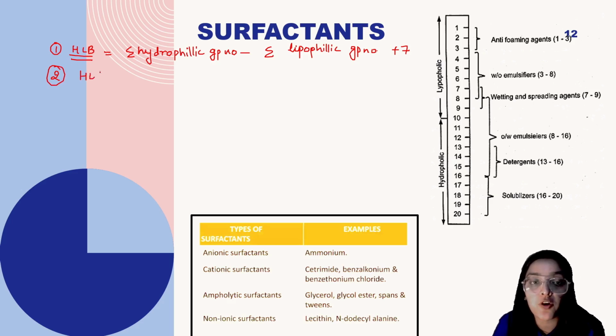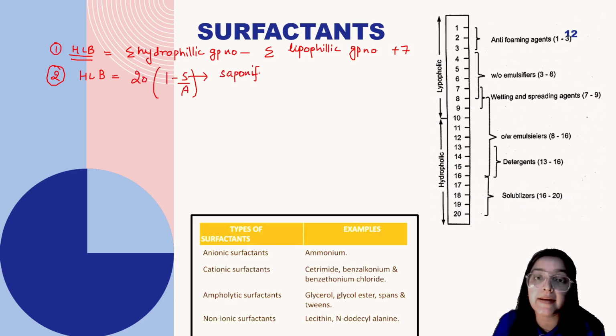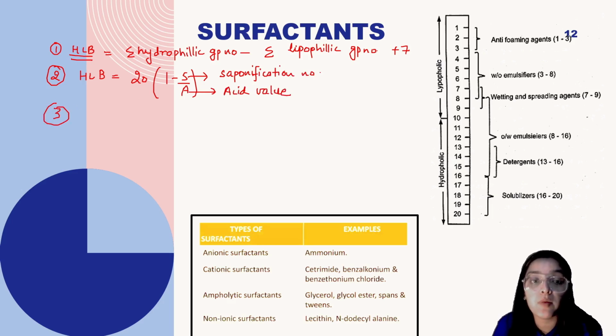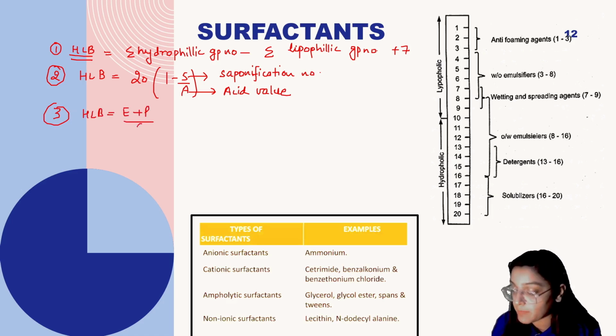Another important formula is HLB is 20 times (1 minus S by A). This S is nothing but the saponification number. Students, very direct questions are asked. This A stands for the acid value. Okay students, the third formula is HLB is determined by the values of E plus P divided by 5.